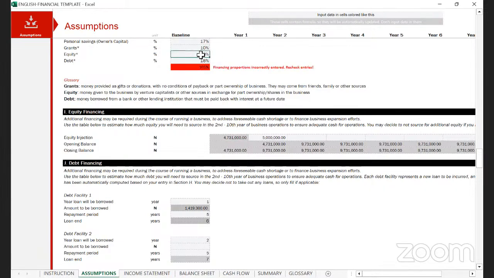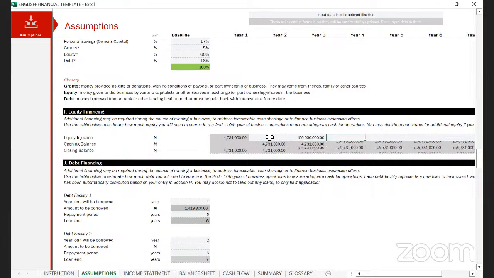Let me move it back to 5. So if you know that this number will not be enough and you're going to need to look for equity by year 2, year 3, year 4, you can come in and put in how much additional equity you are going to need. So let's assume that in year 3, I'm going to look for 10 million naira more to add to my business. I can put it in here.